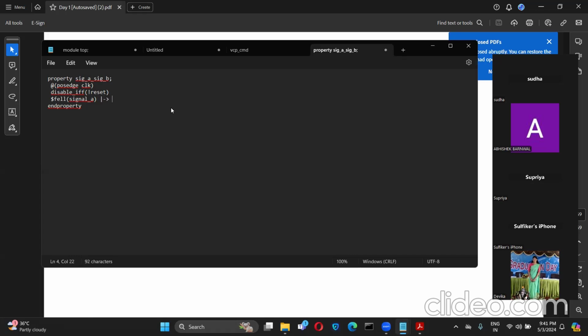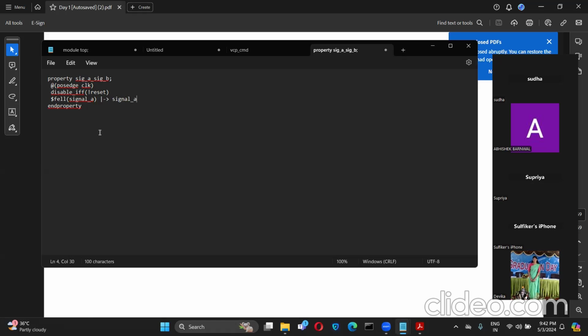Like this you can check that signal A is high. So when this condition is satisfied, then only your signal A will go high, otherwise it will not. So the same requirement is served, right? Signal A should be high until this is asserted. So that will also work.